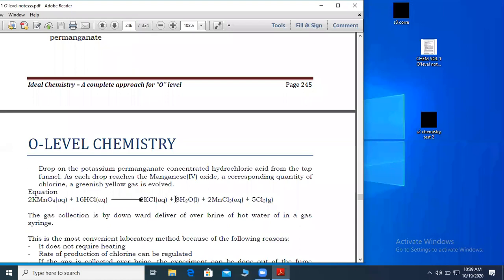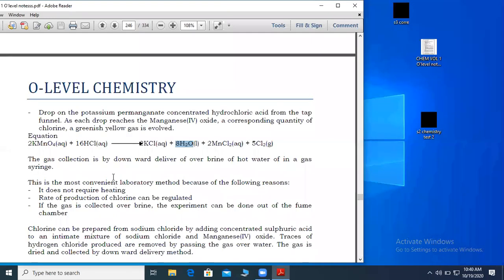You are balancing hydrogen now. The first ones are 16 and these ones are 8. So you put 8 on water to balance hydrogen to make them 16. When you put 8 on water, oxygen will become 8. Go to the left, they were 4. So you put 2 to balance oxygen to make them 8. This equation is not easy, but you must know. So put 16 on hydrochloric acid, then the work, you'll find it easy.